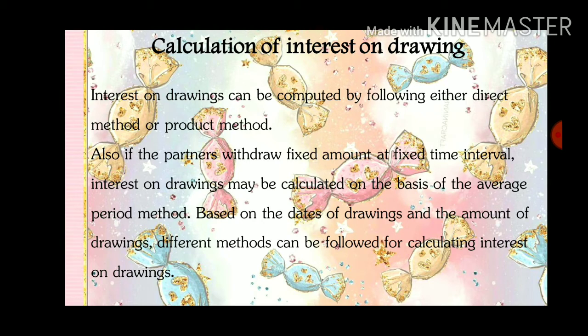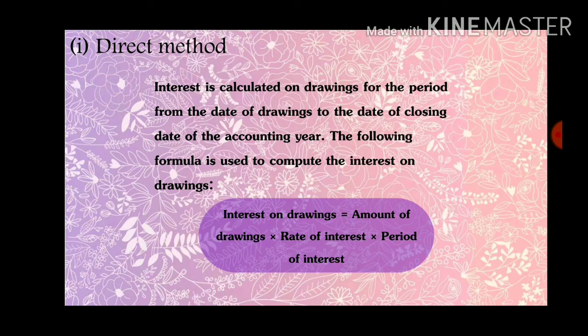Based on the dates and amounts of drawings, different methods can be followed. There are three methods: first the direct method, then the average period method, and finally the product method.